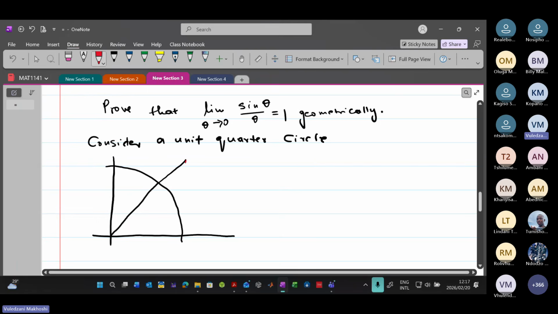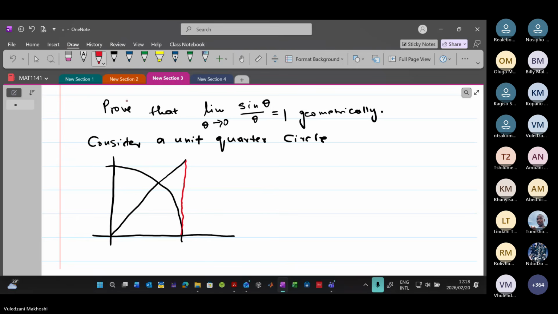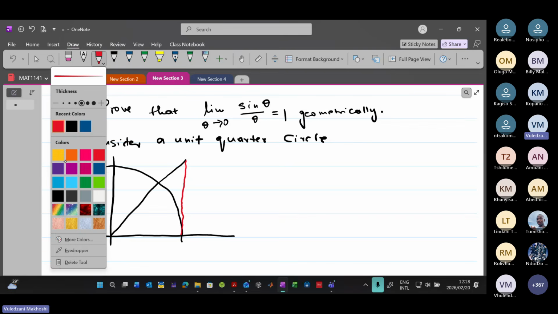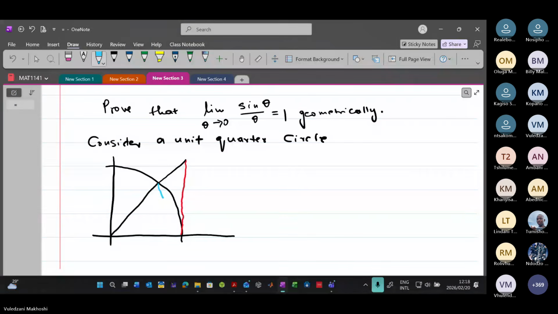Let us take which one will be visible, and draw like that, and then take another one.